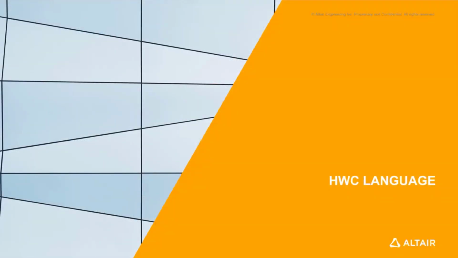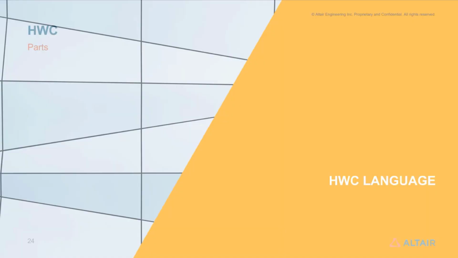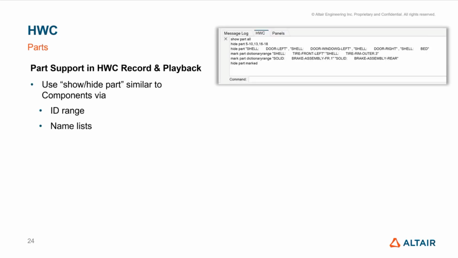Okay, let's move on to the HWC language. In 2023, we introduced parts. These are now supported in record and playback. For example, if you do show and hide, you will record the ID range. You can also use name lists here, using IntelliSense, creating it easily.